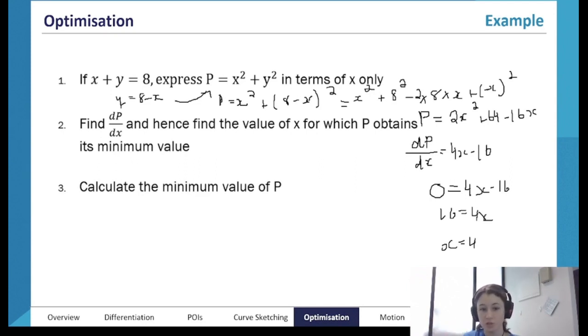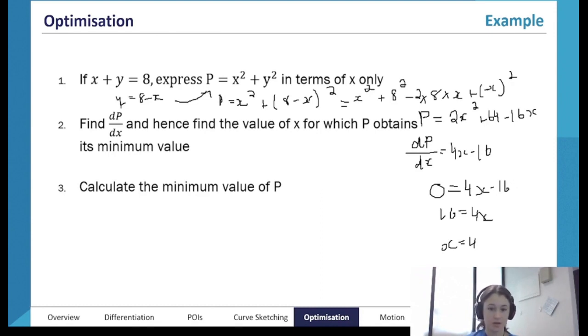You need to verify that the point you've achieved is a maximum or a minimum using the skills that we've learned previously in the lecture, because otherwise you will lose marks, which seems brutal. We know that there's only one stationary point on this curve, but it's asked to find the minimum value, so we do need to prove this is a minimum. You can do this in a few different ways. If you have a quadratic, you can just say, like we do here, a quadratic only has one stationary point, therefore this has to be a minimum.